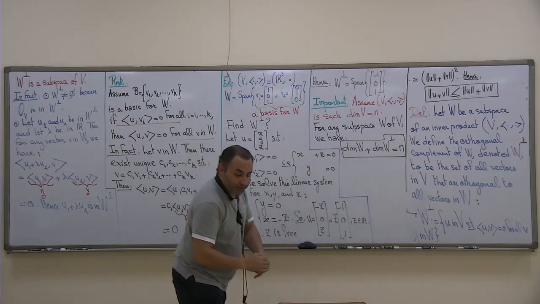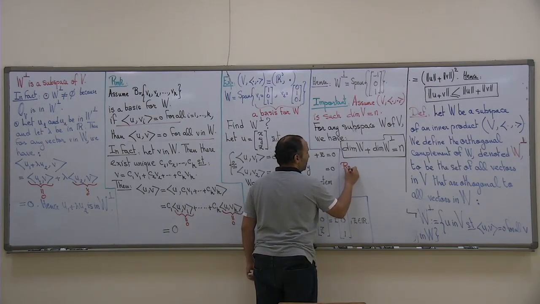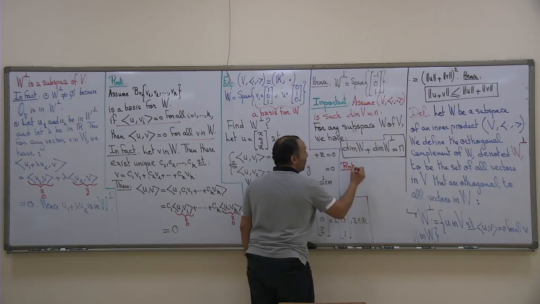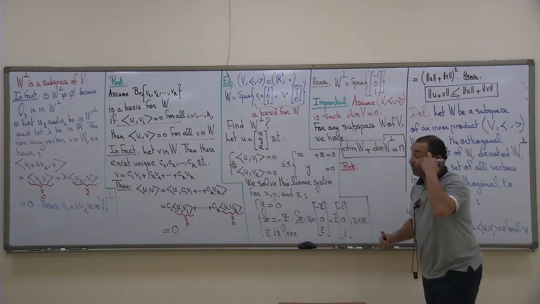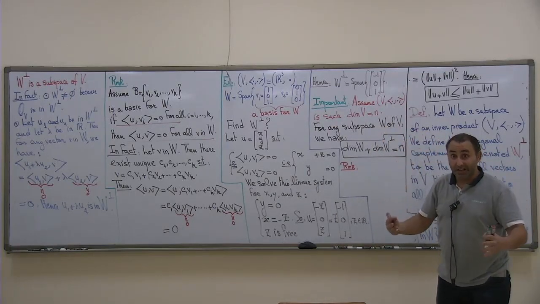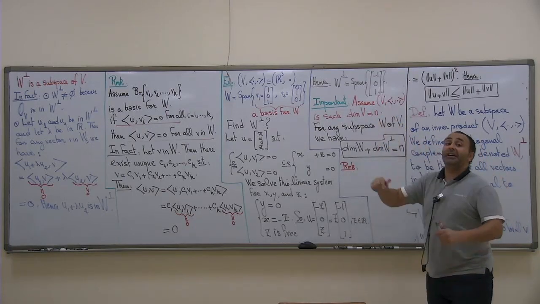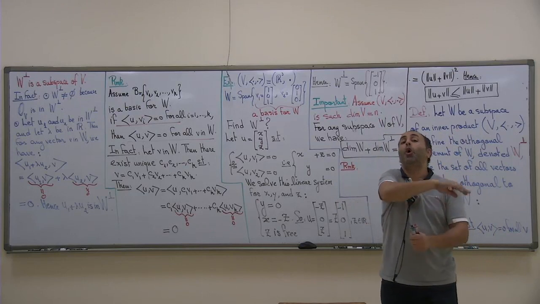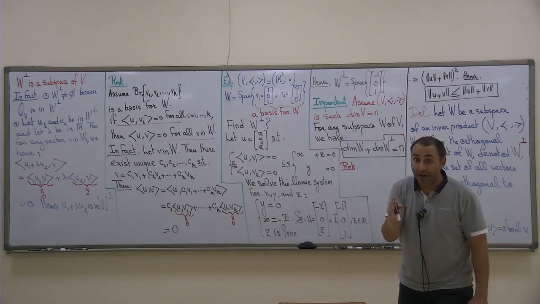For example, very easy, here I'm going to put it as a remark because it is the easy case. What is the orthogonal complement of the big vector space V itself? There is only one vector inside V that is going to be orthogonal to all the vectors in V. It's the zero vector.